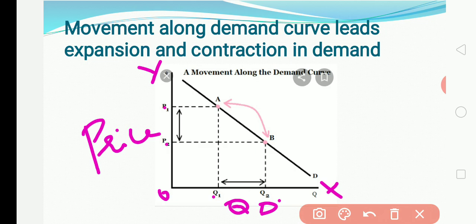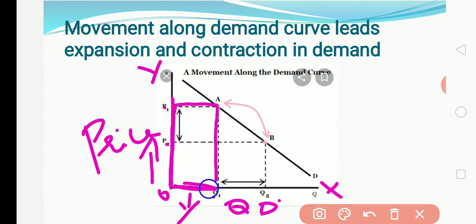When the price is P1, the demand is Q1. That means when the price is more, the demand is less.